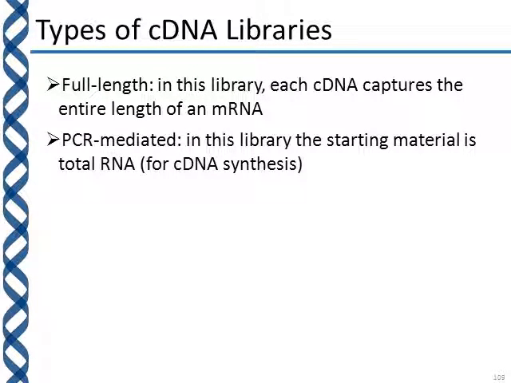So what are the types of cDNA libraries? There can be full-length or PCR-mediated. In the case of the full-length library, each cDNA captures the entire length of the messenger RNA. In the PCR-mediated library, the starting material is total RNA for cDNA sequence.